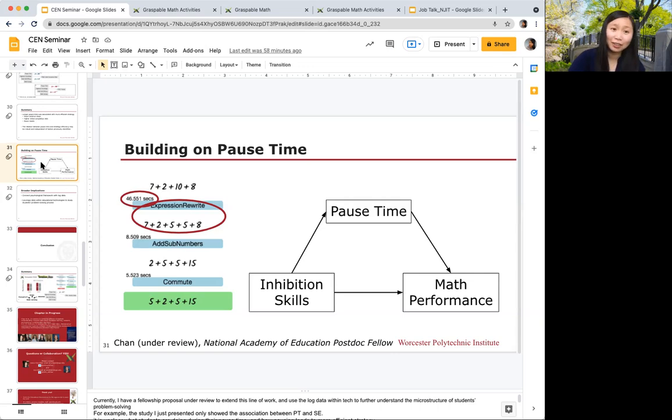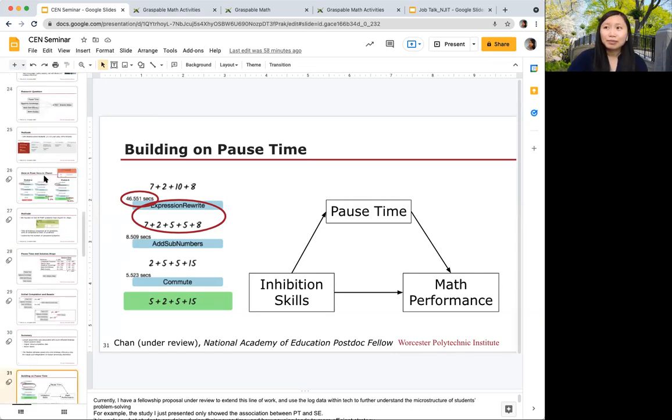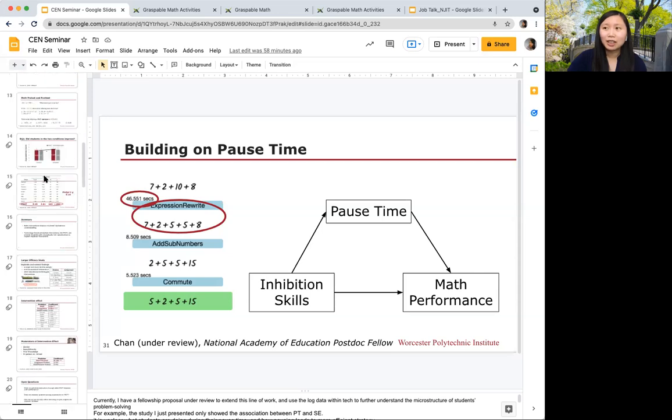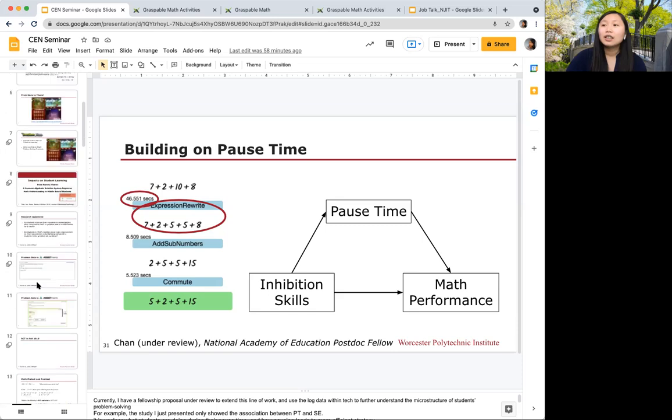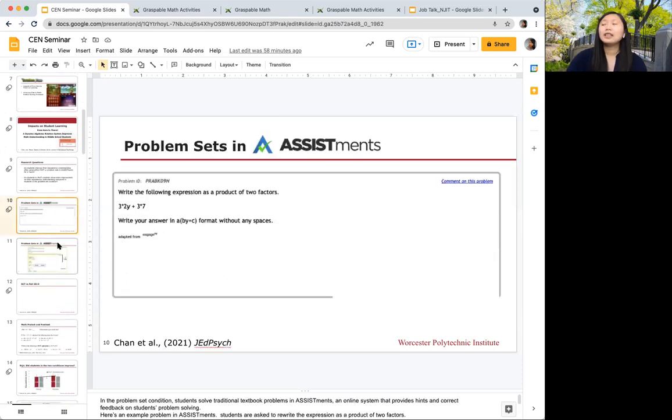That's a really great question. So in the first study with 475 students, the problem set control condition is a previously established and effective technology called Assessments. Students solve traditional math problems in Assessments, so this is more of a traditional approach to problem solving, like a homework style platform.